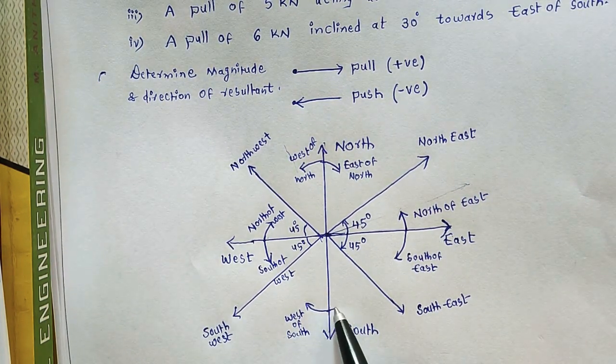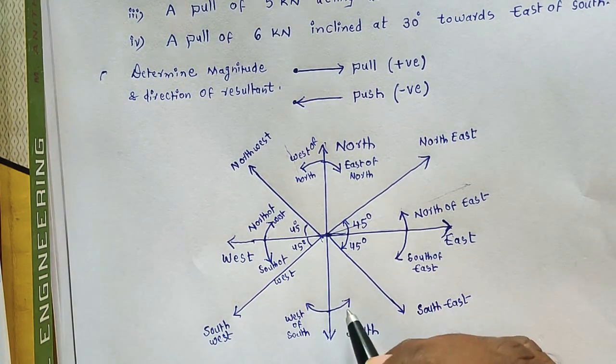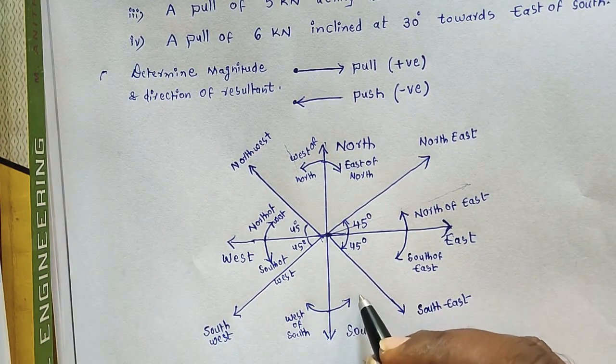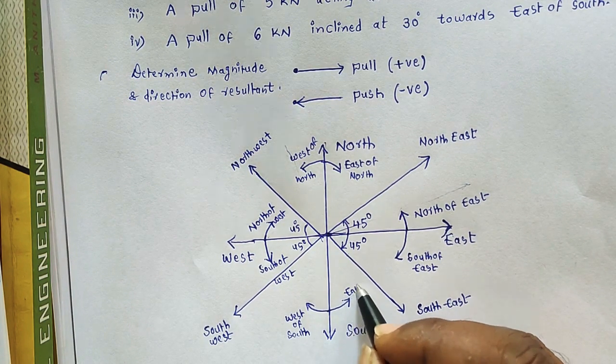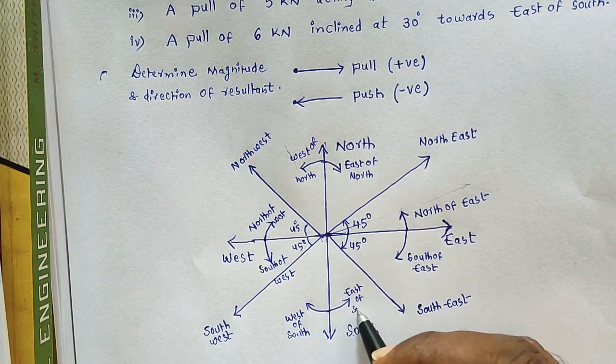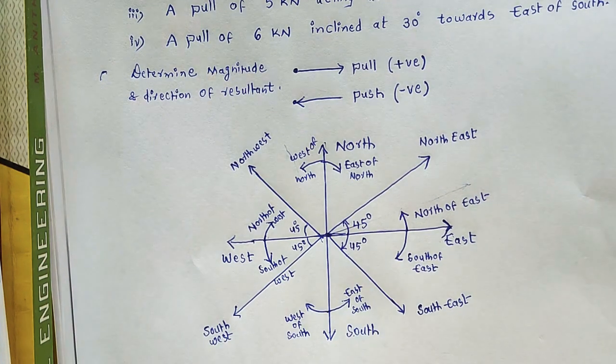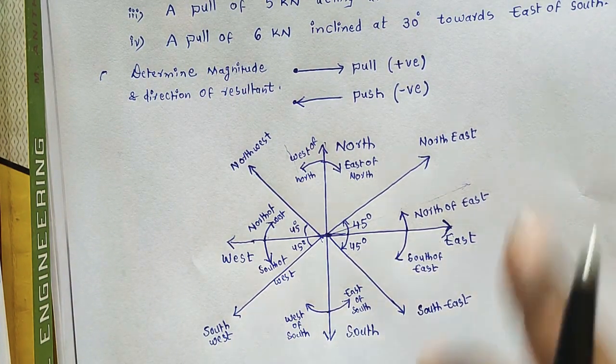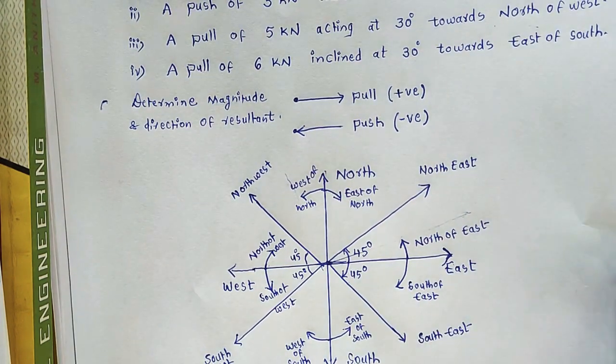So if you are moving from south to east, then this direction is called east of south. So this is the meaning of north of west or east of south.